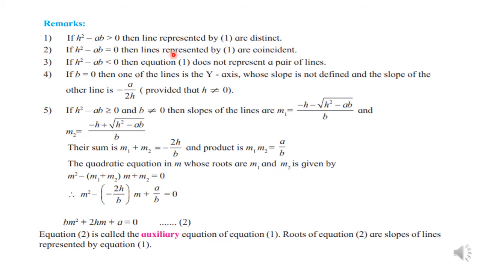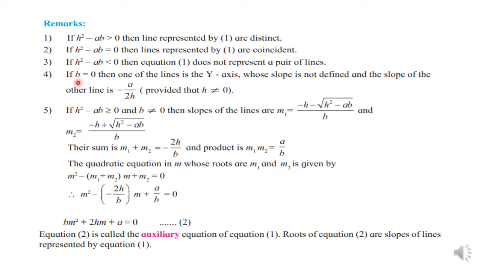If h square minus ab is equal to 0, then the lines are coincident. What is the meaning of coincident? The lines are one and the same. Similarly, if h square minus ab is negative, then the equation does not represent a pair of lines. So from this, suppose we are given a homogeneous equation of degree 2 in x and y, we can determine whether it represents a pair of lines or not.